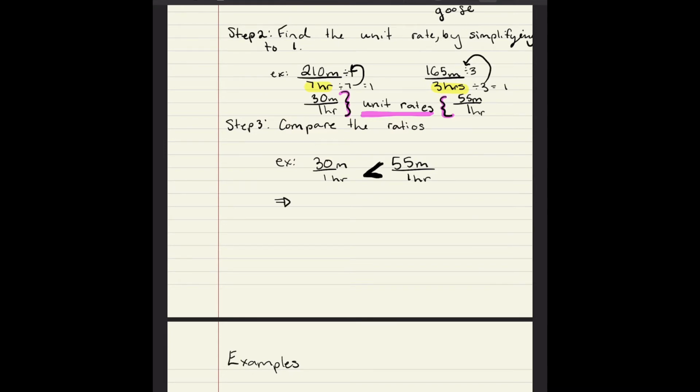So therefore, the goose flies at a faster rate because this is greater. 55 is greater than 30.